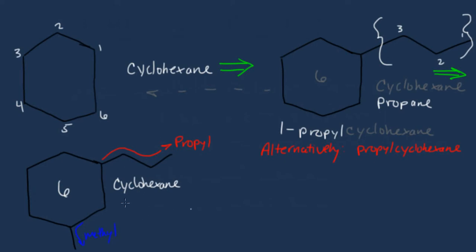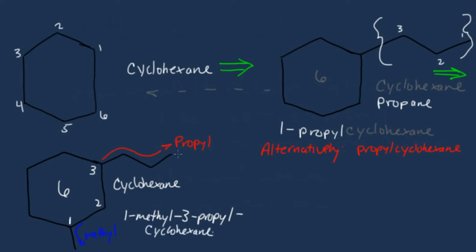We have our first group is going to be our methyl, so let's go ahead and call this carbon 1. And then our second, third, and we don't care about the rest because there's nothing substituted onto them. So we're going to call it 1-methyl-3-propyl, and then I'm going to do this underneath cyclohexane.